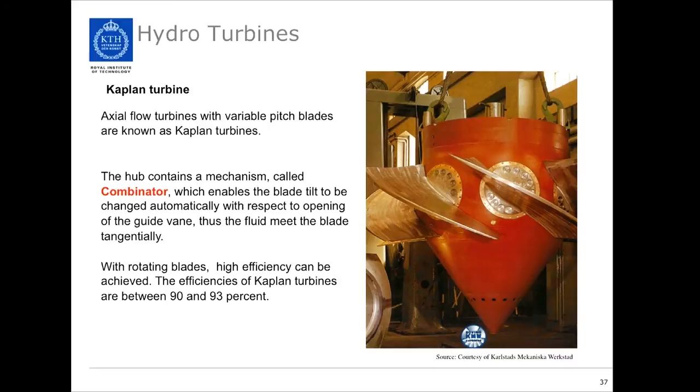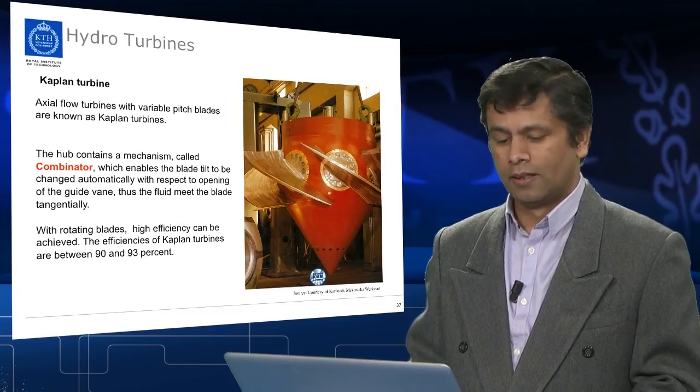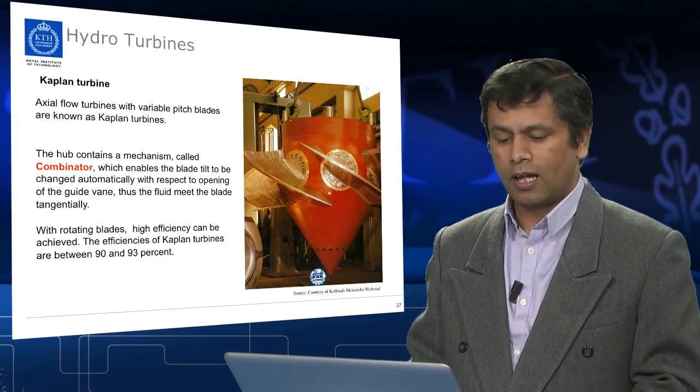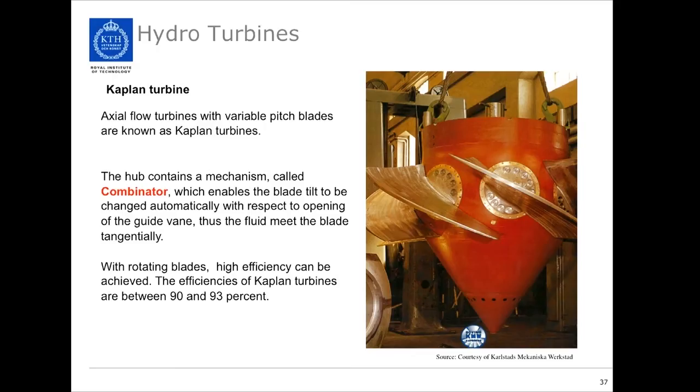Kaplan turbine is another axial flow turbine with variable pitch blades, and the hub contains a mechanism called a combinator, and this enables the blade tilt to be changed automatically with respect to the opening of the guide vanes. Thus, the fluid meets the blade tangentially.